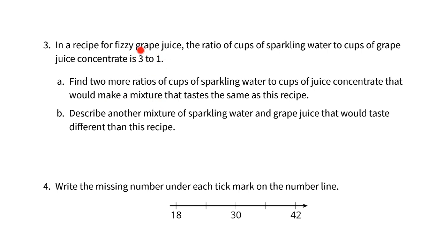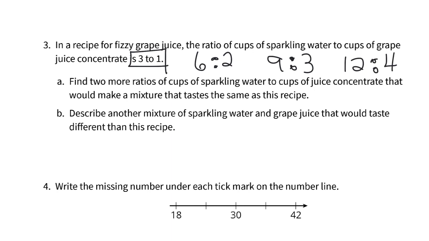So we could take that batch, and if we double it, we would get 6 to 2. That makes 2 batches. And then if we were to take this recipe and do 3 batches, we would get 9 to 3. And if we wanted even 1 more, we could do 12 to 4.